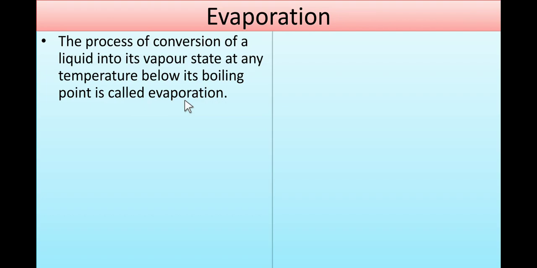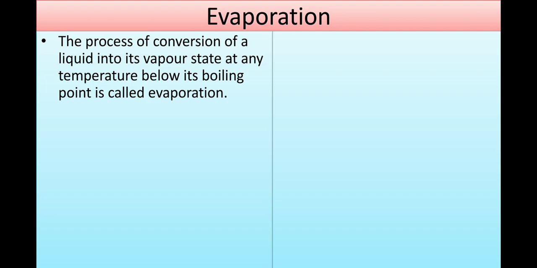This is also true for liquids. The particles of a liquid have different amounts of kinetic energy. The particles present at the surface possess comparatively higher kinetic energy than those present in the bulk, that is, inside the liquid. Therefore, particles at the surface with higher kinetic energy are able to break away from the force of attraction of other particles and get converted into vapor.